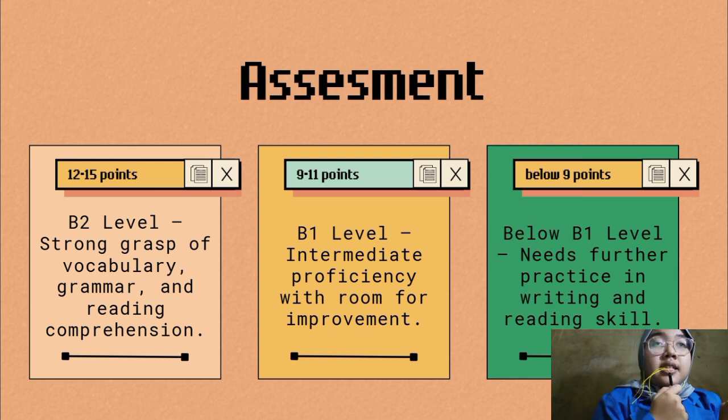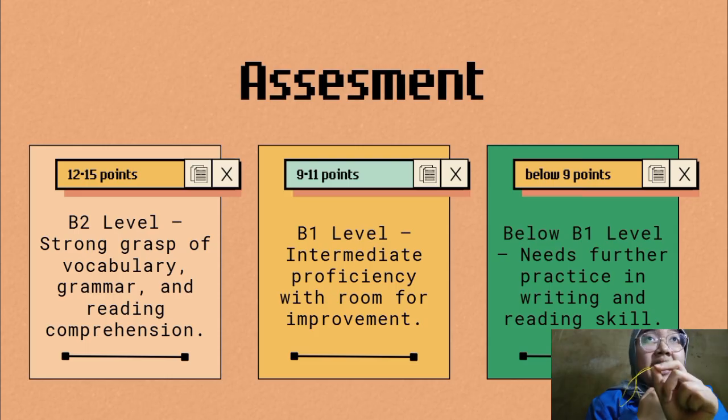If the students succeed to get 9 to 11 points, the student might be a B1 level, intermediate proficiency with room for improvement. And if the students score below 9 points, the student might be below B1 level, A1 or A2.